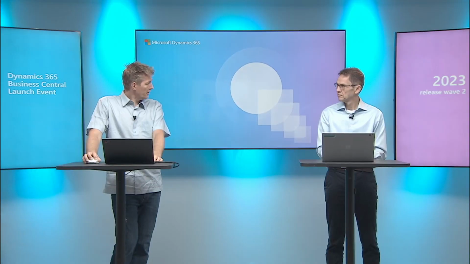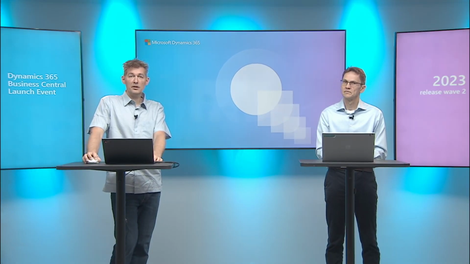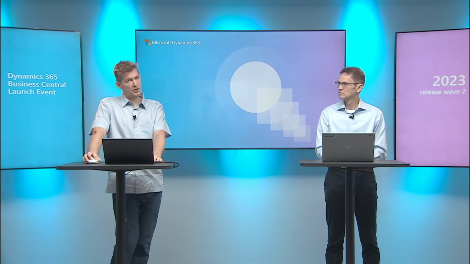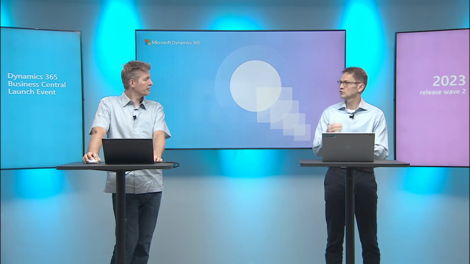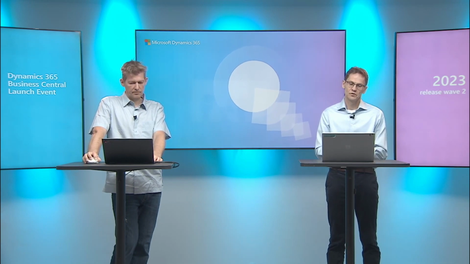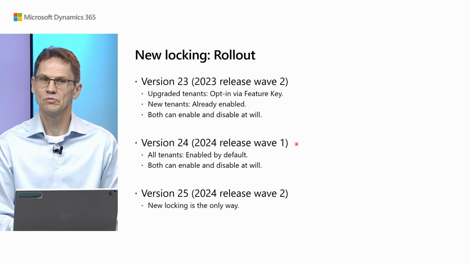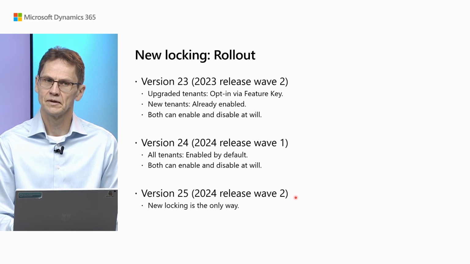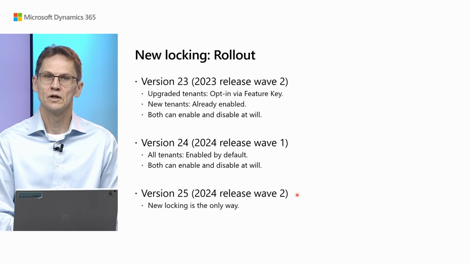Just one gotcha here. What Jens was saying with all users, you actually need a restart of the environment for this switch to take effect. So just be aware of that. And that's in order to not mix and match these. From the next version, we will enable this by default, but you can still disable it. And then from version 25, the new locking will be the way we do locking.